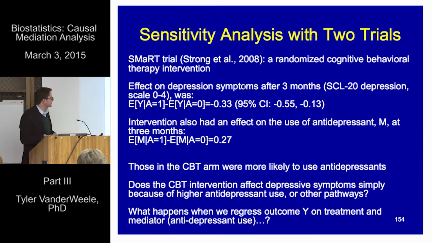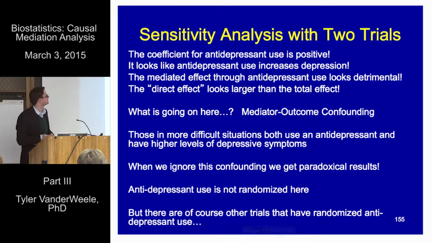If we regress our outcome on the cognitive behavioral treatment and the mediator antidepressant use, again, the coefficient for antidepressant use in that regression is positive. It looks like antidepressant use makes depression worse. It looks like we've got a detrimental mediated effect through antidepressant use. The direct effect's larger than the total effect. We get nonsense out.